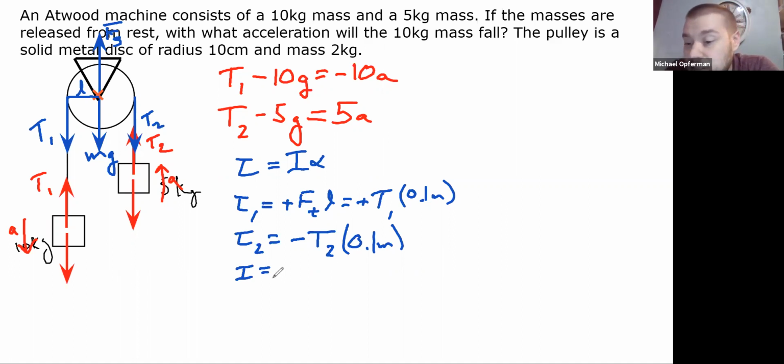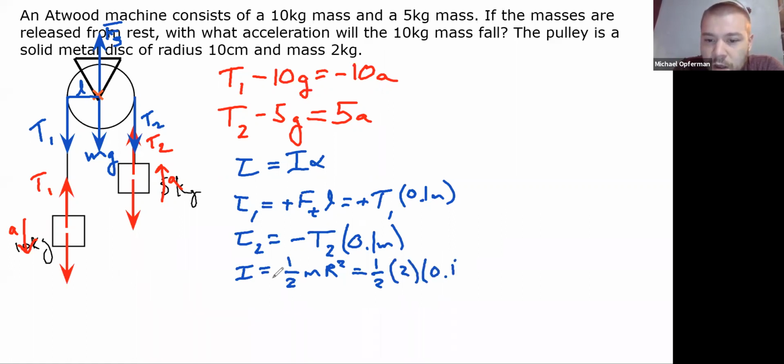A disc is basically just a short cylinder, so it's really a solid cylinder. So that would be 1/2 mr squared, the formula for the cylinder. That's coming from the table of moments of inertia. The mass is 2. The radius is 0.1. So 1/2 of 2 is 1. 0.1 squared is 0.01.